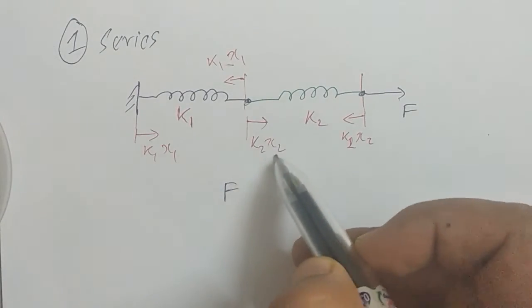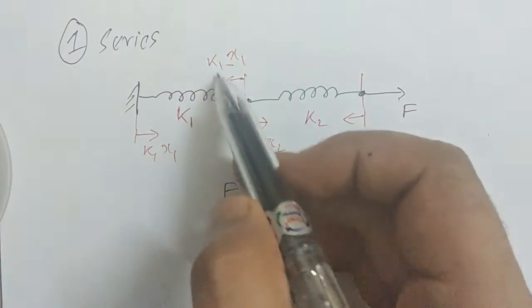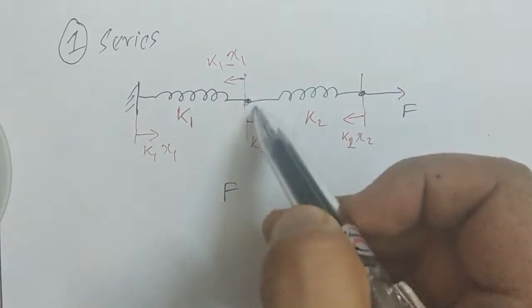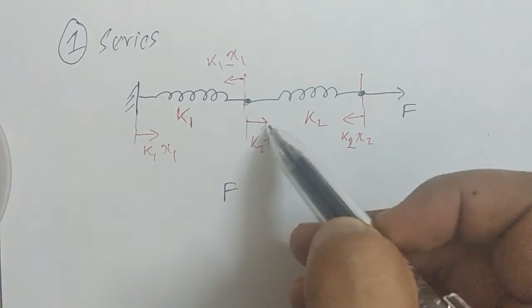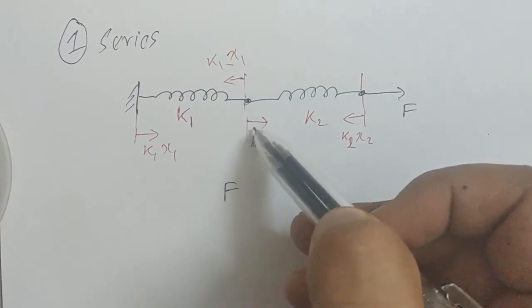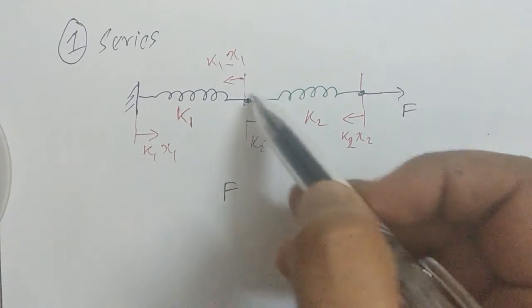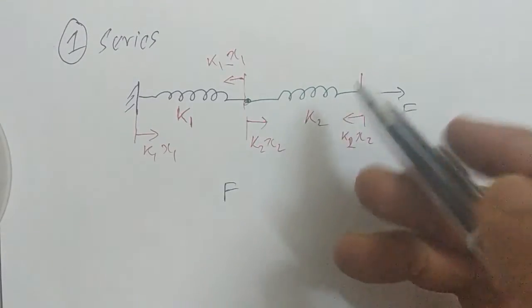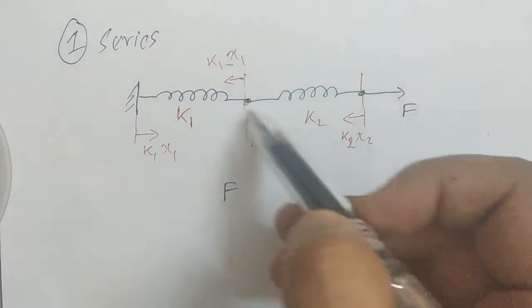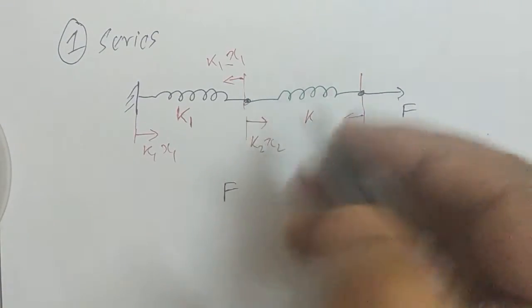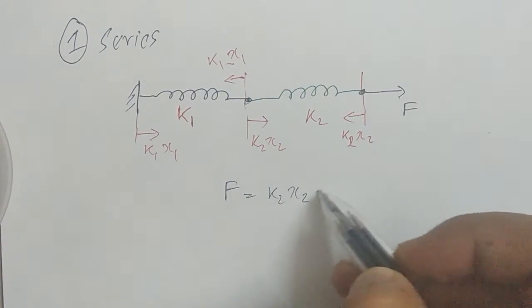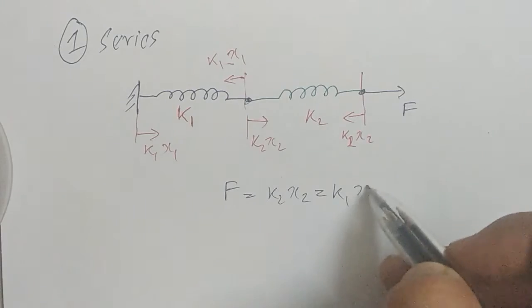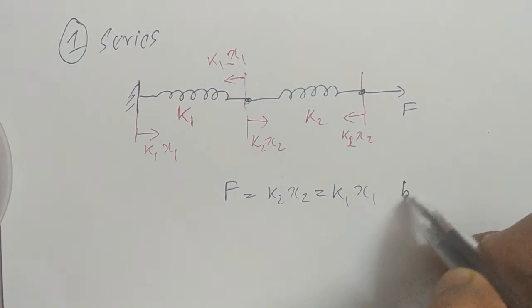This force K2 x2 needs to be equal to K1 x1, because this point has to be in equilibrium. If this force is larger than this, then this spring will move in this direction, but that is not the case, because this point has to be in equilibrium. So K2 x2 needs to be equal to K1 x1 by equilibrium.